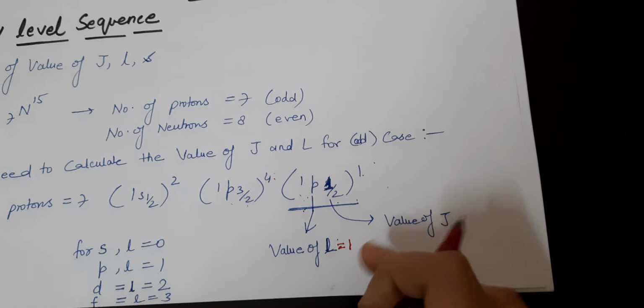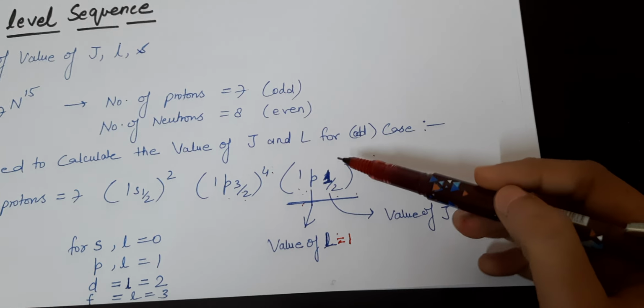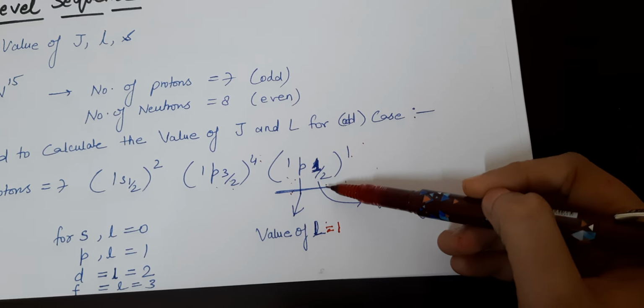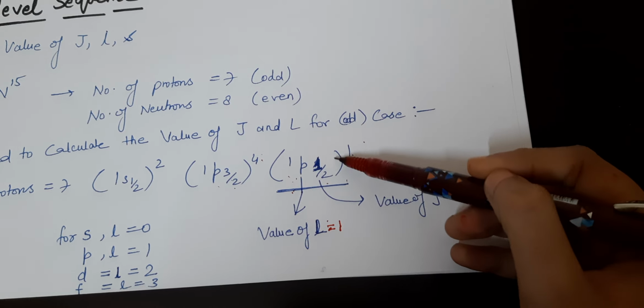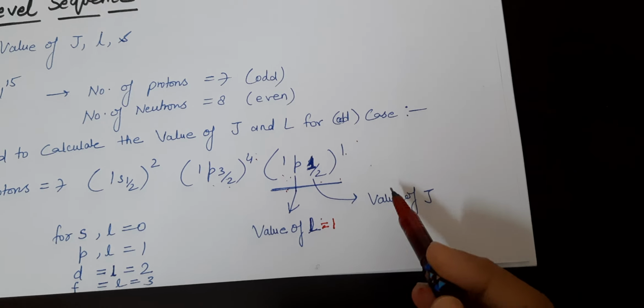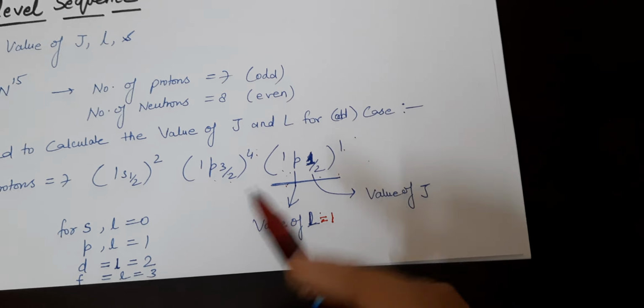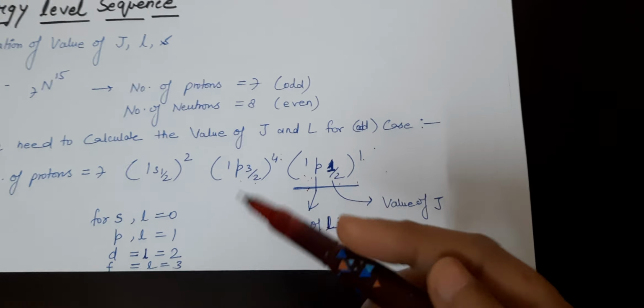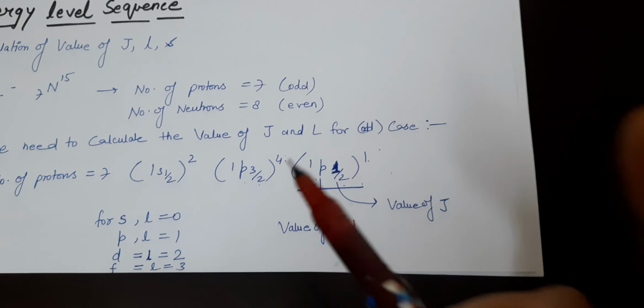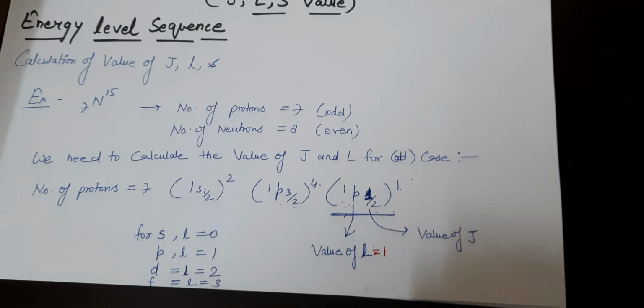And for J you have to consider this value, P1/2. So 1/2 is representing the value of J. So J here is 1/2. In a similar way you are going to get the values for all other cases.